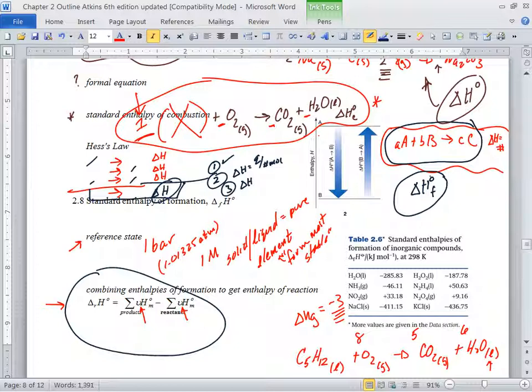How did you get the delta H for a reaction if you knew the standard enthalpies of formation of everything? You added up all the delta H's for the products, subtracted out the delta H's for all the reactants. But you remember you had to multiply those standard enthalpies of formation by those stoichiometric numbers. Remember doing that? So I guess that's the third way.